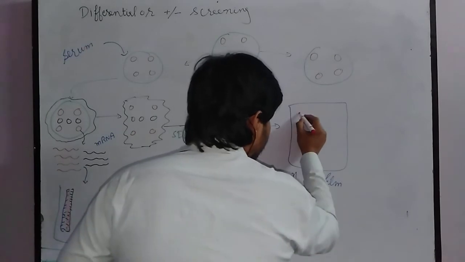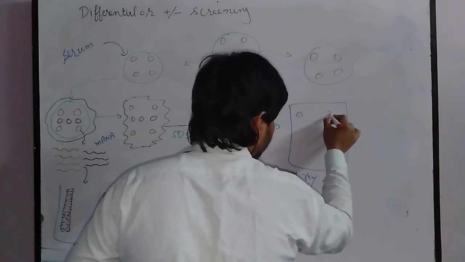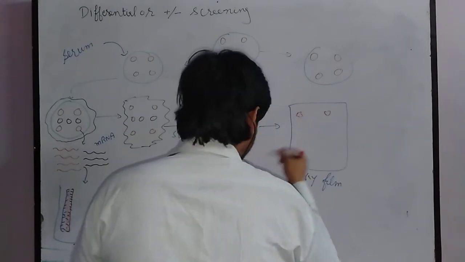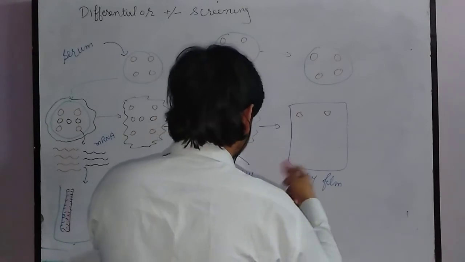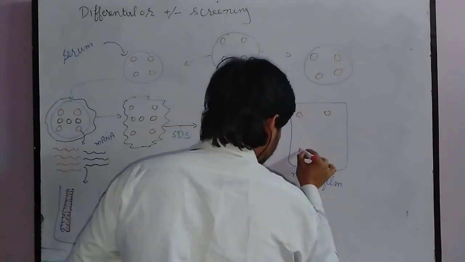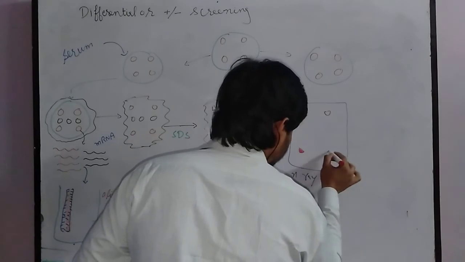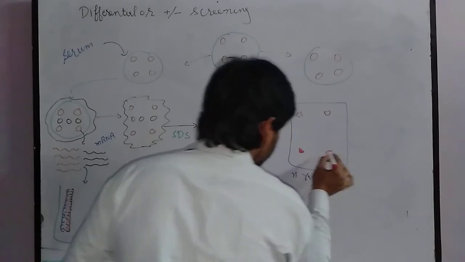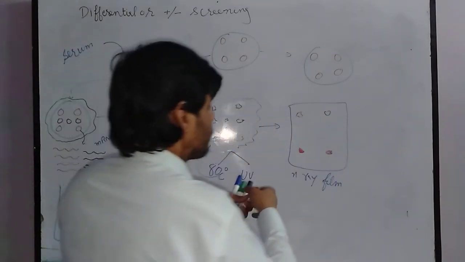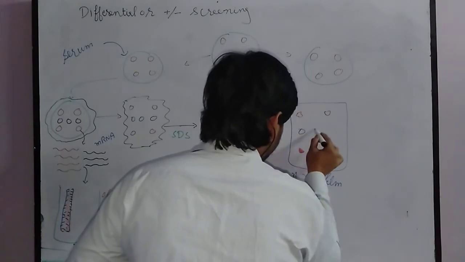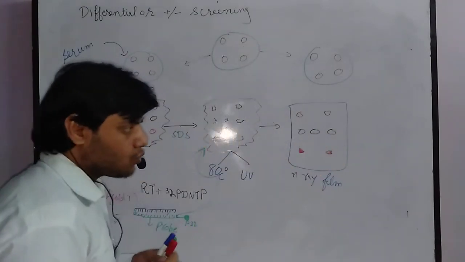This one colony doesn't have any characteristic, this one colony doesn't have, but let's suppose this one colony shows some of the characteristics, and this one also shows some of the characteristics, and the rest of the cells are the same, as you can see.